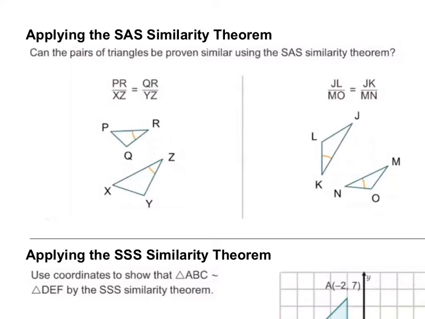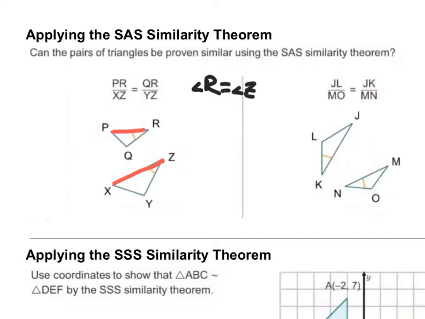And what we want to do is say, can we prove that these triangles are similar using the side angle side similarity theorem? So what I know is that angle R is congruent to angle Z in this first one. And then I know that PR corresponds with XZ. So I'm going to color that red, color this one red. And I have the statement that the ratio of PR to XZ is equal to the ratio of QR, this segment, and YZ.